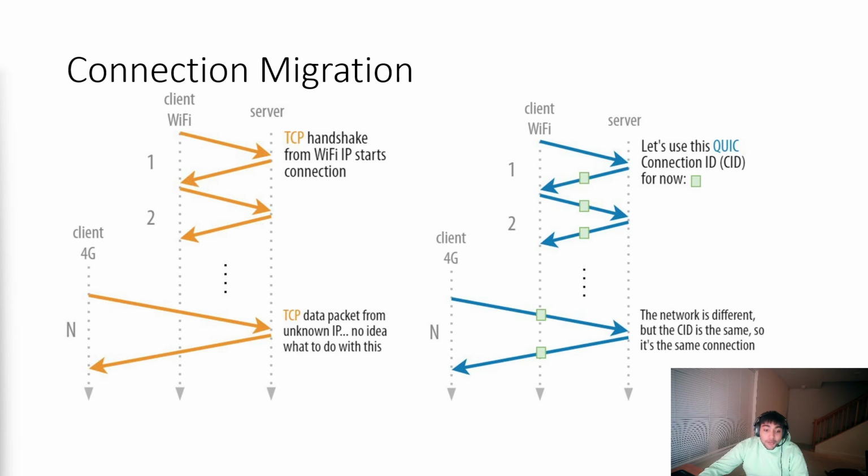So the server knows, oh, this is the exact same client I had before, and we can keep the same connection. We don't need to do any new connection setups, and the way that works is by including this connection ID in every packet. And that's actually one of the few fields that are not encrypted in a QUIC packet header. It's still going to result in a much better experience than using TCP because you're not resetting your connection all the time.